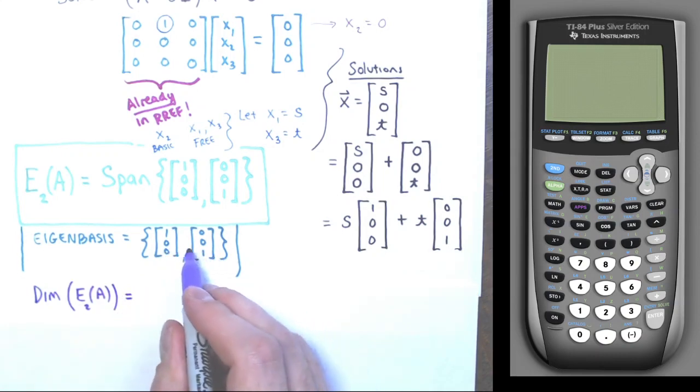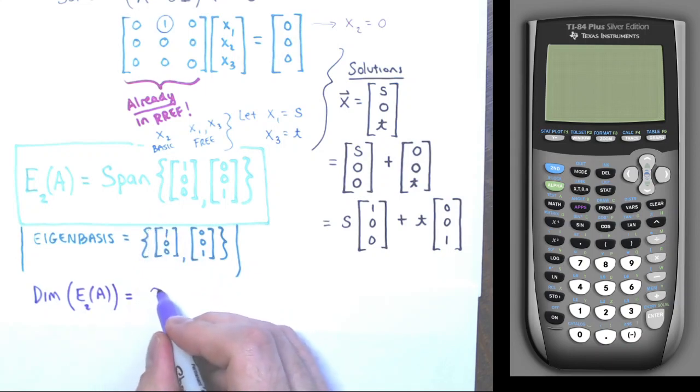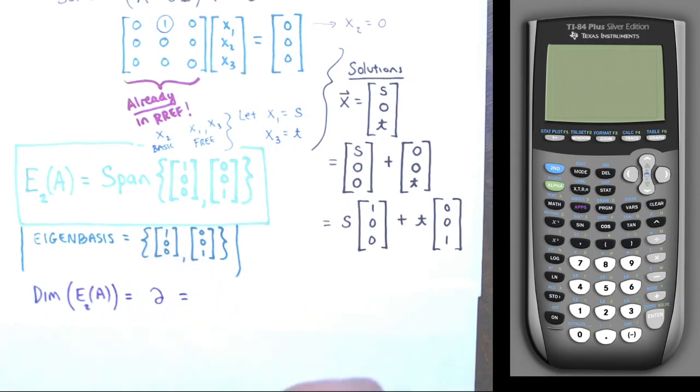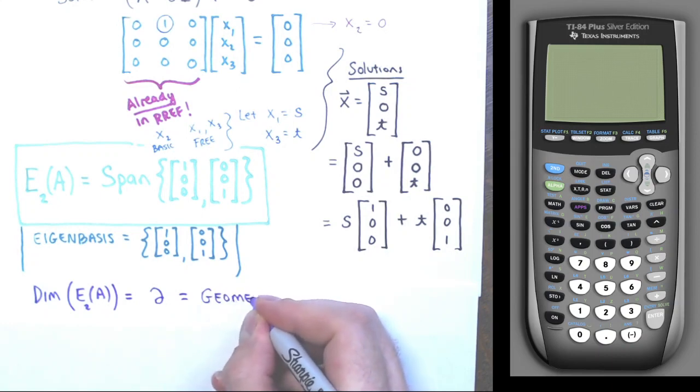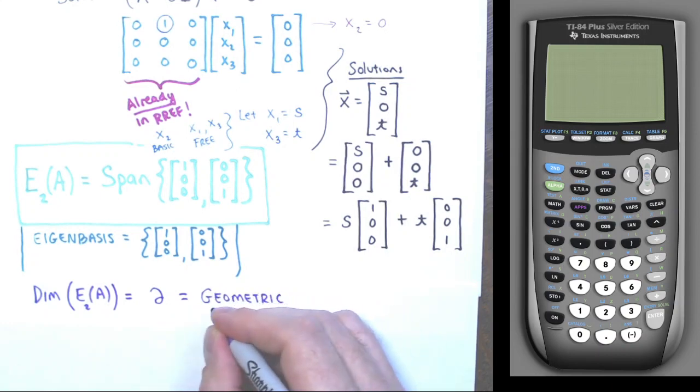There are two vectors in a basis for it. And remember, this dimension of the eigenspace is called the geometric multiplicity.